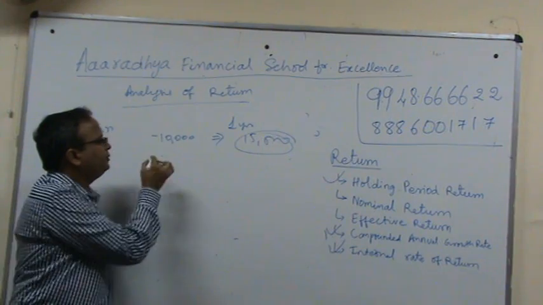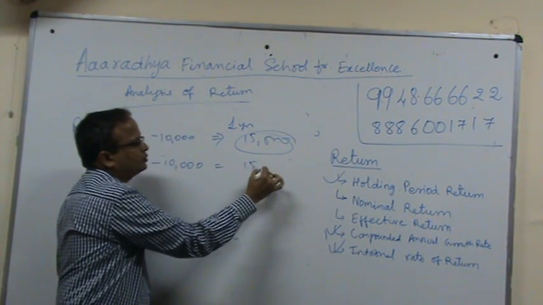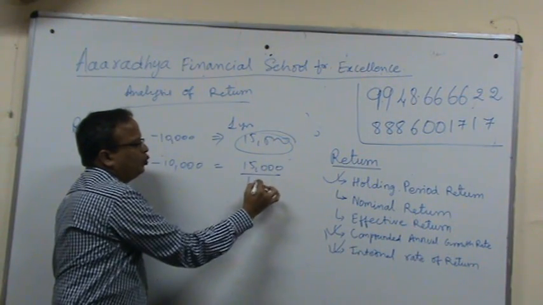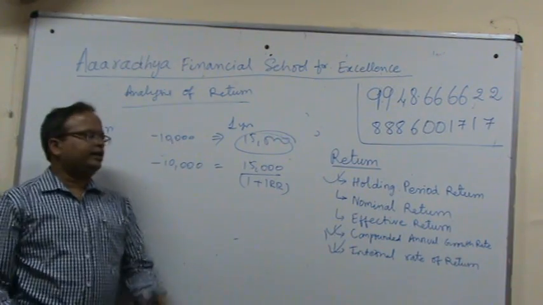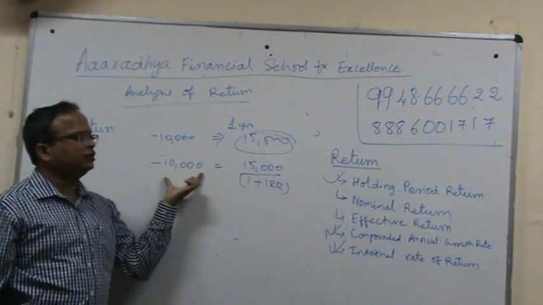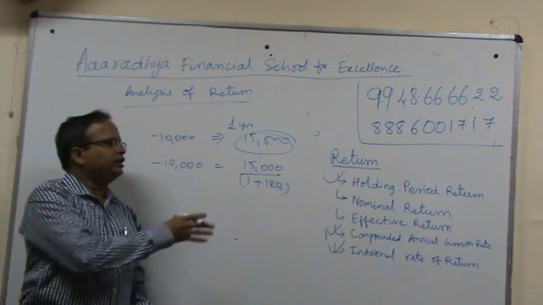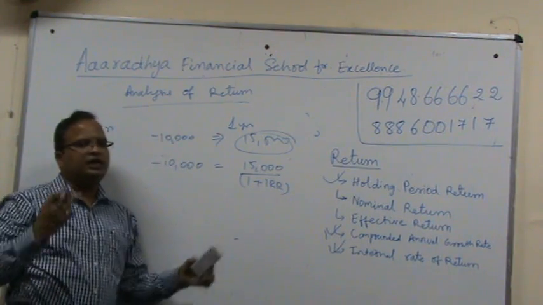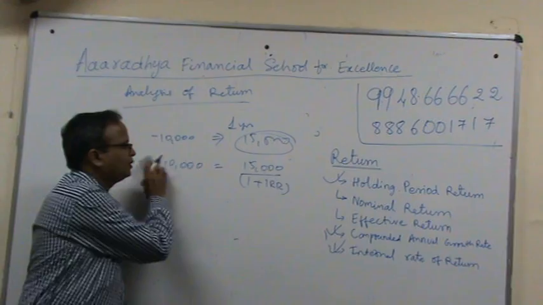So it means minus 10,000 is equal to 15,000 divided by 1 plus IRR. The rate at which 15,000's present value becomes 10,000, that is the rate which we call the internal rate of return. Right? So internal rate of return majorly focuses on equating your future cash flows with respect to present cash flows. That's all for today.